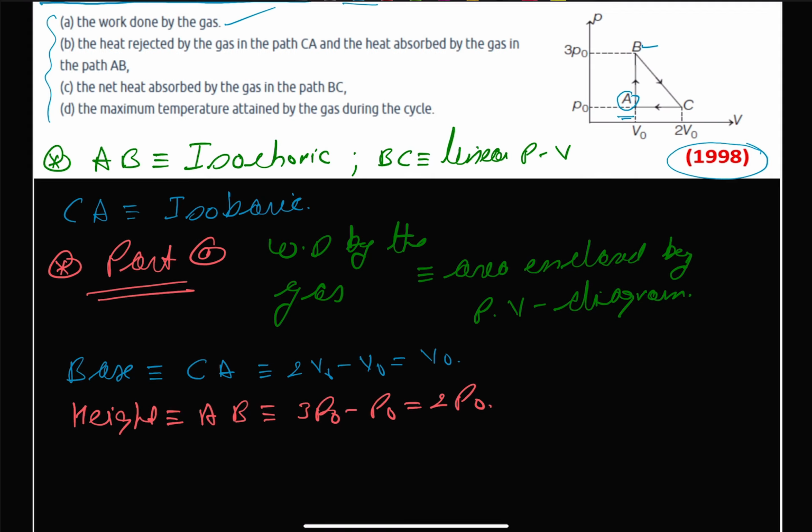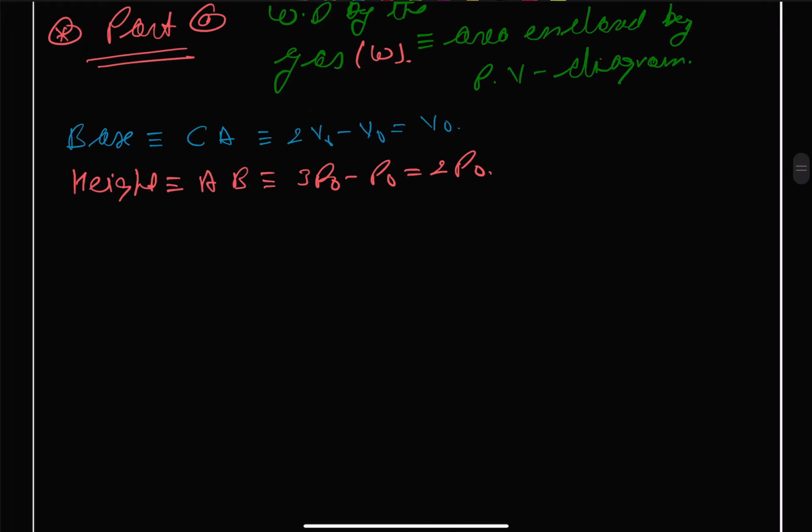So work done, and let us suppose that work done is represented as W. Therefore we can say that W is equal to, for a right angle triangle, half base into height, which comes as half V0 twice P0.